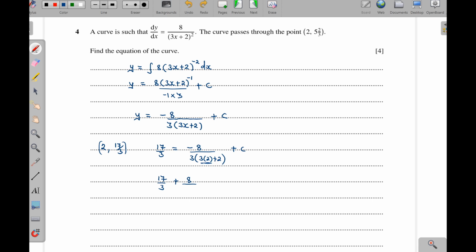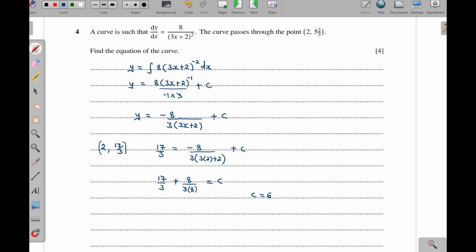Not so? So if you get 8, then there is a 3 here, and then that 8 there. So this 8 will go. That means I have 17 over 3, then plus 1 over 3. This will be 18 over 3, and 18 over 3 will give us a 6. Not so? So meaning that we shall have our c, which is equal to 6.